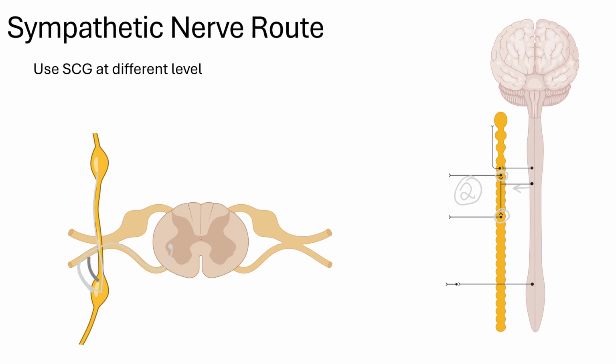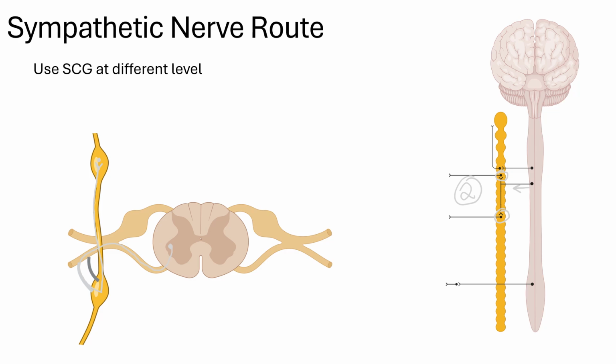It can go downward too, but I'm just going to extend it upward. When the preganglionic fiber reaches the level at which they want the output, that's when the synapse with the postganglionic fiber occurs.